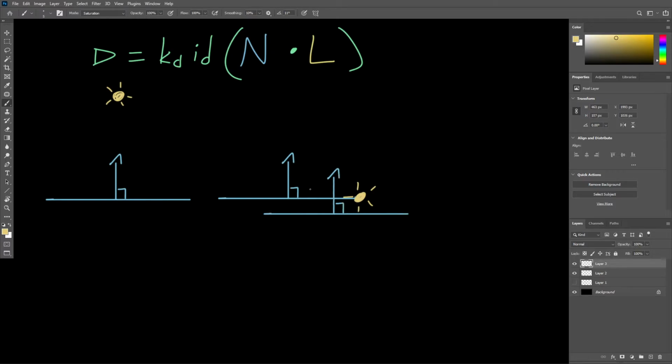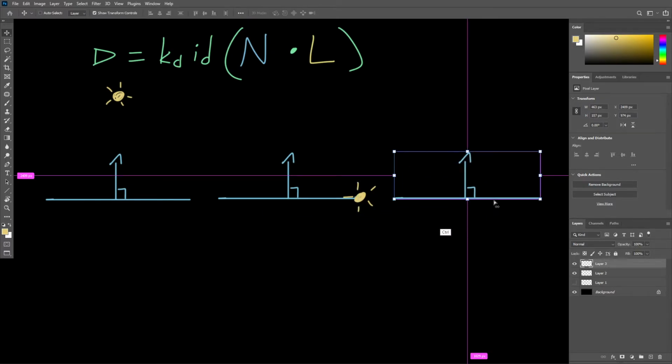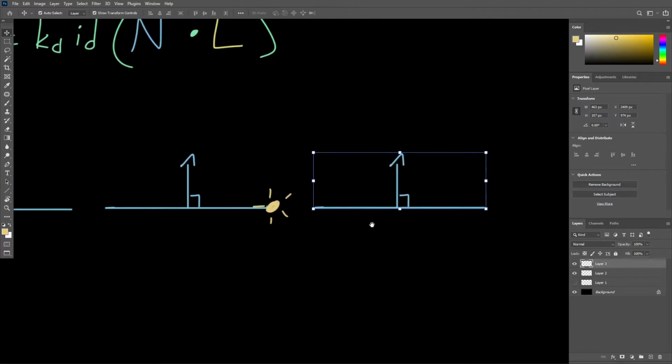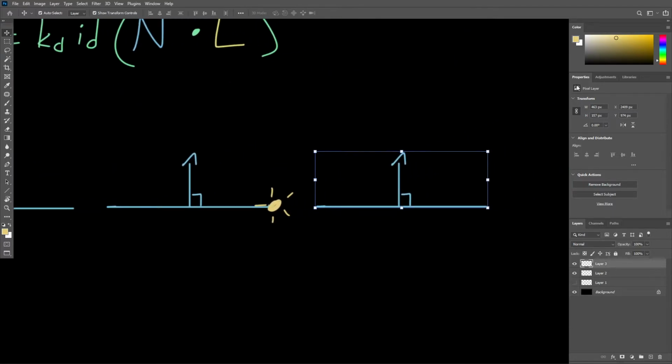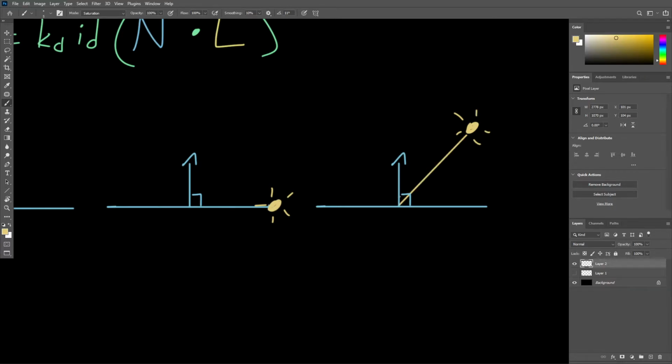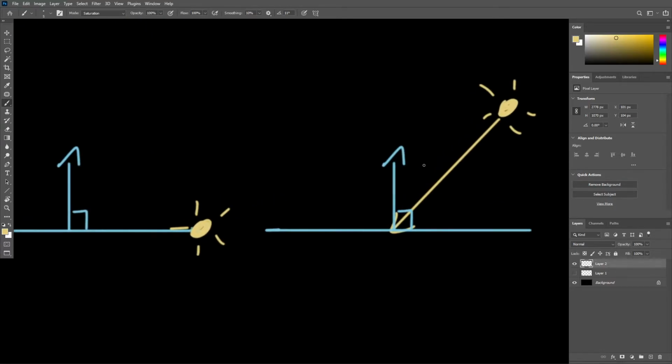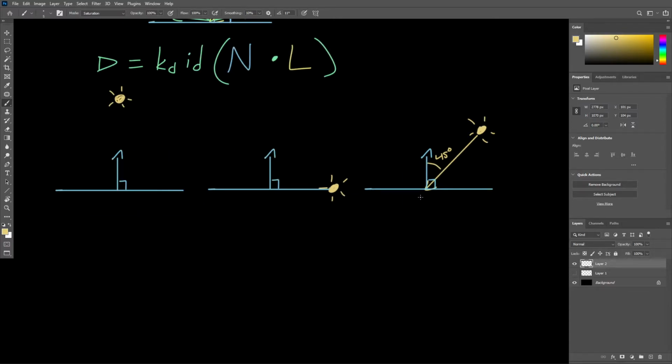All right, so that's another extreme. And let's get another copy of this surface here and just consider something somewhere in the middle, something not quite as extreme. Let's consider maybe the light source somewhere right about here, maybe at around a 45-degree angle with the surface normal. Put this at 45 degrees.